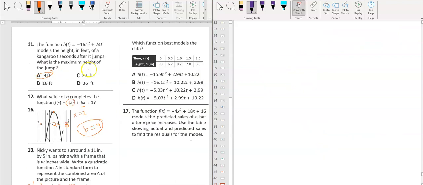Okay, number 16, we're looking at which function best models the data. So we have a table, and we're going to start looking at the values of the table. We know that when t or x is 0, then h or y is 3. And whenever x is 0 and y is a number, that is our y-intercept.